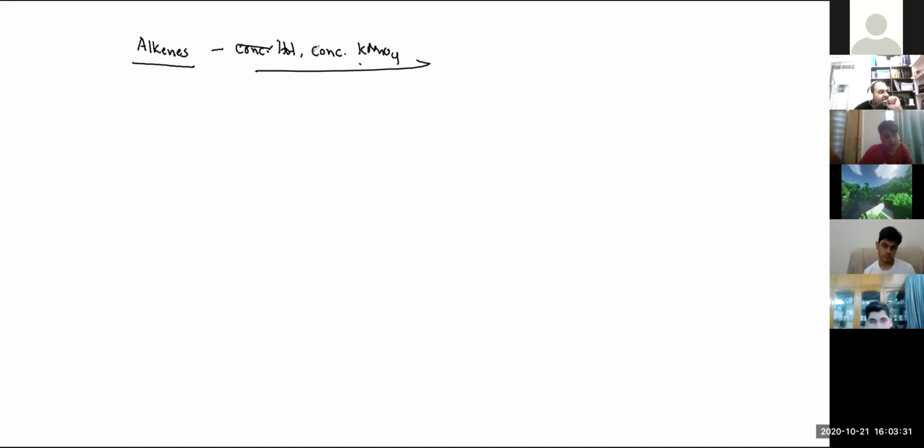What type of reagent is it? Oxidizing agent. When it oxidizes something else, it itself gets reduced. Okay, good. Now I'll give you a few examples, look at them carefully. So we'll start with butene.